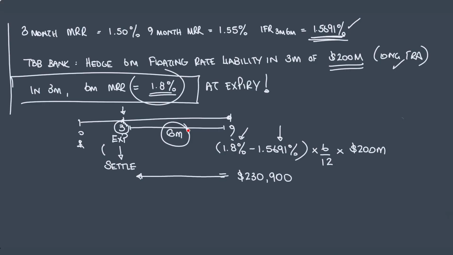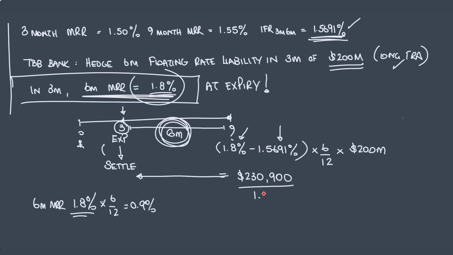So the only 6-month rate I've got that I could possibly use as a discount rate is this MRR. So I know my 6-month MRR was 1.8%. That's always quoted annually. So multiply that by 6/12, 0.9%. To work out the cash payment, discount by 0.9%. 230,900 divided by 1.009, that's going to give me, at settlement, a PV of 228,840.